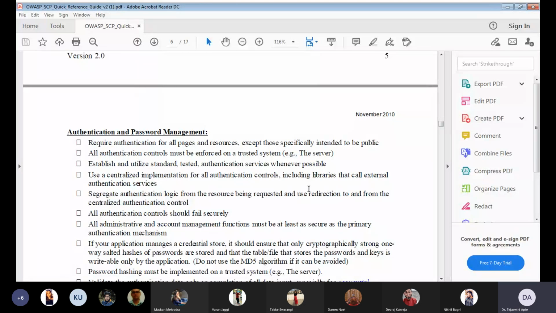I do not remember exactly whether we have discussed this or not. But when we go with the multi-factor authentication, let me share my screen with you. Let me open up my Word document.